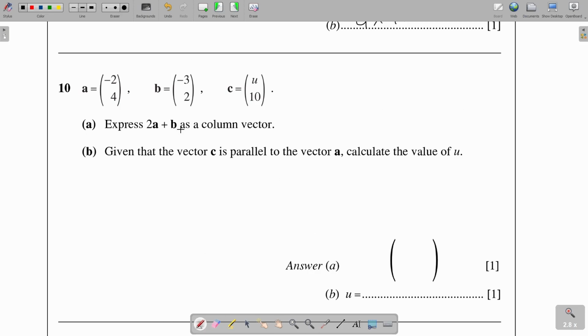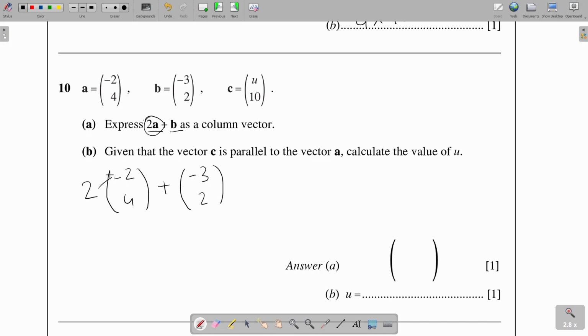So first we have express 2a plus b. So with matrices, when we have a 2a, we're going to multiply both numbers by 2. So this is essentially 2 into 2, 4 plus whatever b is. So b is minus 3 and 2.